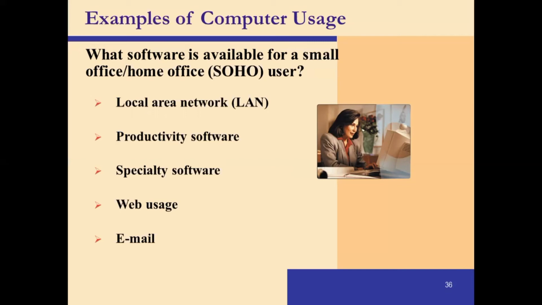A local area network covers a very small area, instead of a WAN, wide area network. Productivity software is software used for official purposes, like Excel. Excel is basically used for calculation and price estimation. There are many functions present inside Microsoft Excel that you can use.